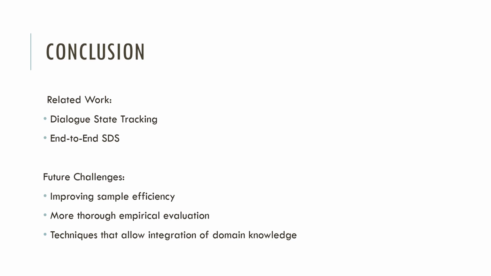Furthermore, this work provides important contributions to the field of end-to-end spoken dialogue systems. Briefly, an end-to-end spoken dialogue system is a model that can backpropagate error signals from the end output to the raw inputs.